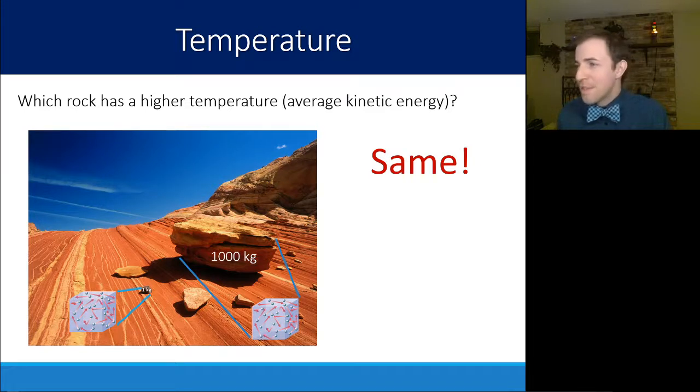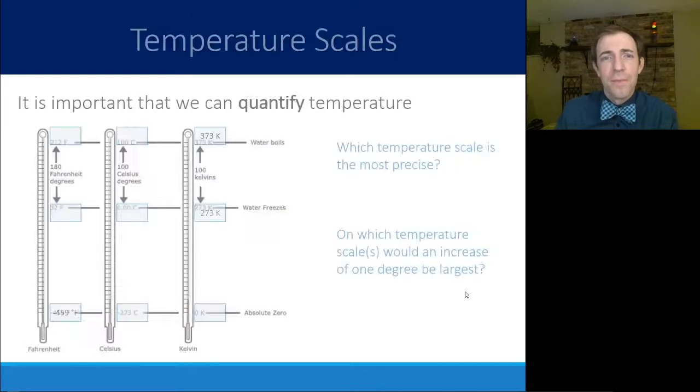There is no difference in the temperature for these rocks because they have each come to an equilibrium with the air temperature. The larger rock wasn't hotter, the smaller rock wasn't hotter. The rate at which they change their temperature is going to be different, but given enough time, they have exactly the same average kinetic energy.